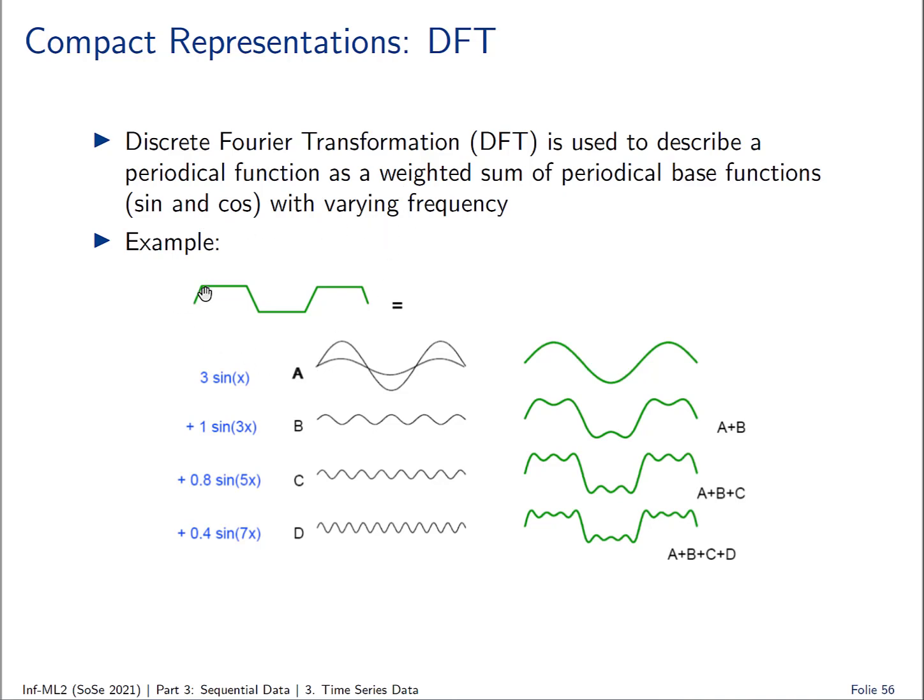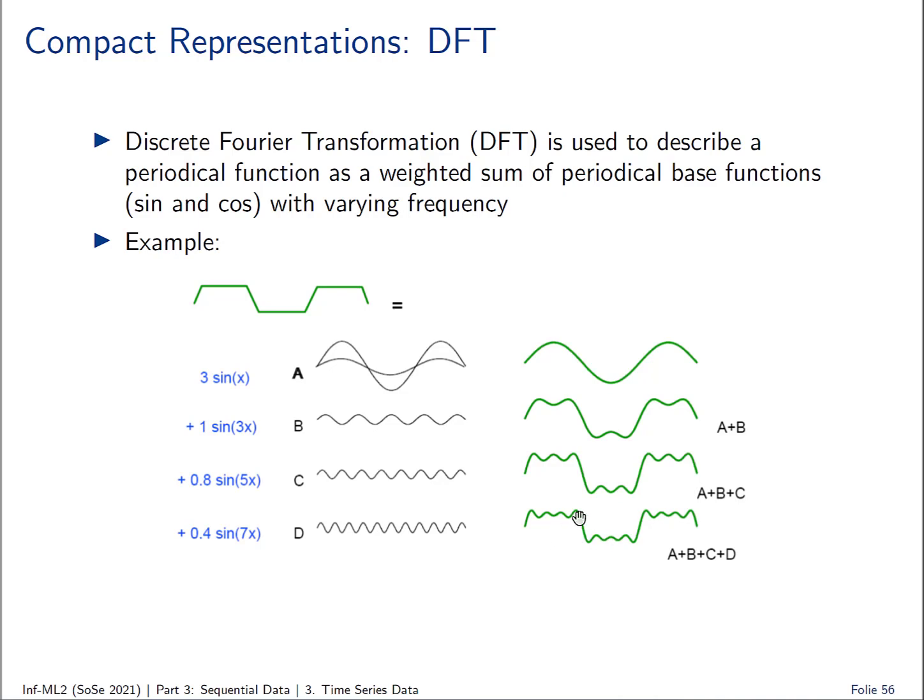So here's an example. This is the original time series, and if we take a base function like 3 times sin x, we get this representation. If we add some more here, we get this representation. If we add some more here, like this one, we get this one here, and so on and so on.